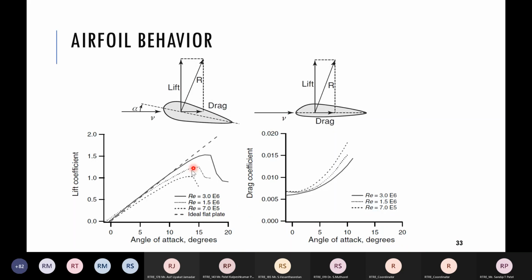We have to take the ratio of CL and CD, lift coefficient divided by drag coefficient. At whichever angle of attack that ratio is highest, that is our design angle of attack, and this is how we can choose the design angle of attack for a particular airfoil.